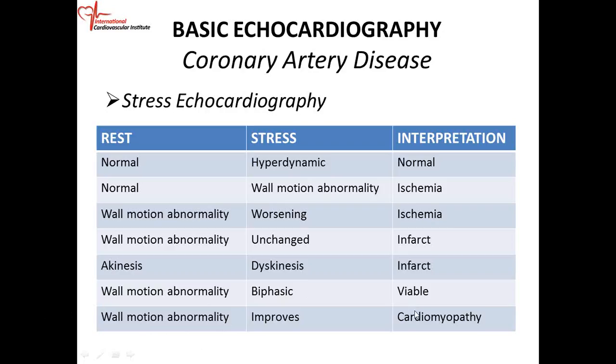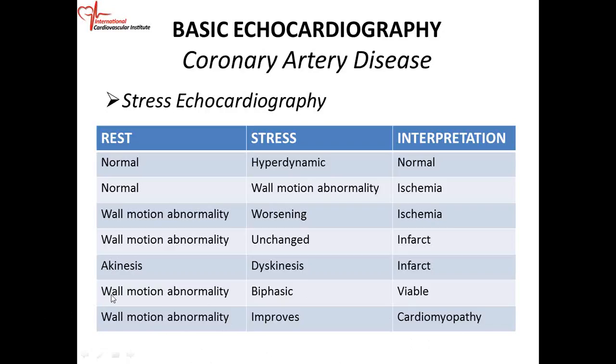That suggests a cardiomyopathy. So remember, with a non-ischemic cardiomyopathy, the heart muscle is weak for a number of reasons. Okay? But when you exercise the patient, because there is no blockage of the blood vessels around the heart muscle, it can increase in its contractility.